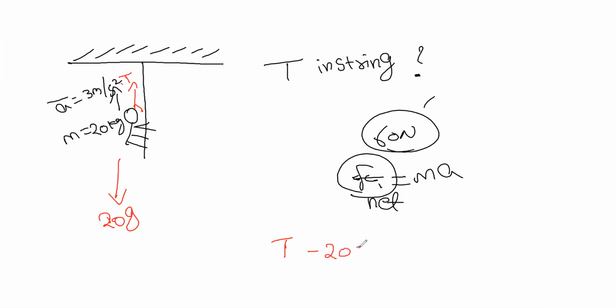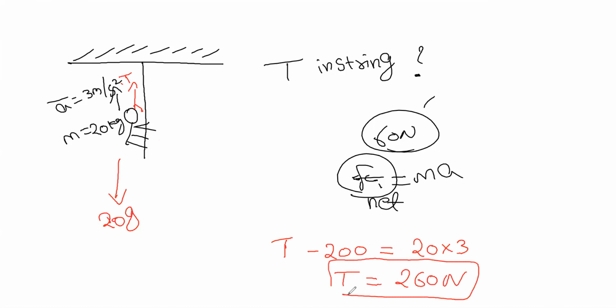T minus 20 g, that is 200, should be equal to the mass of the body, 20 into 3. Then we have the tension as 260 Newton, not 60 Newton.